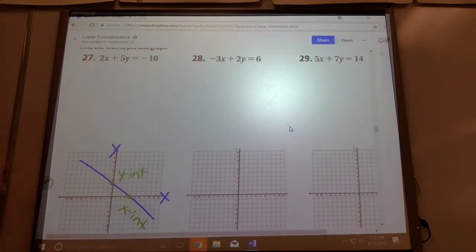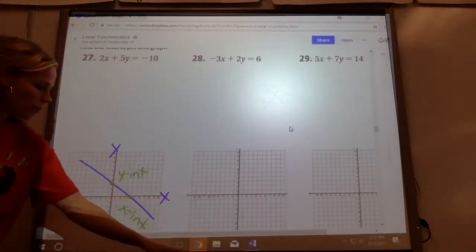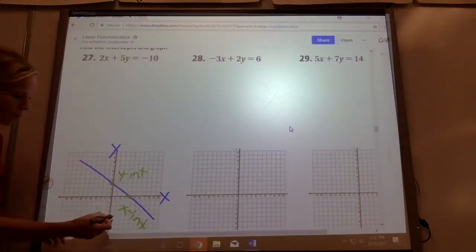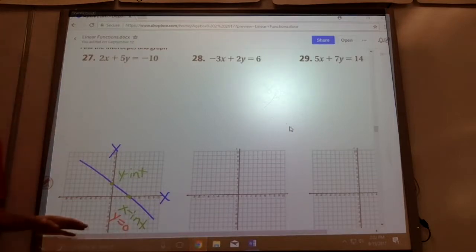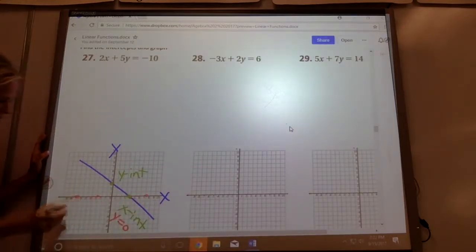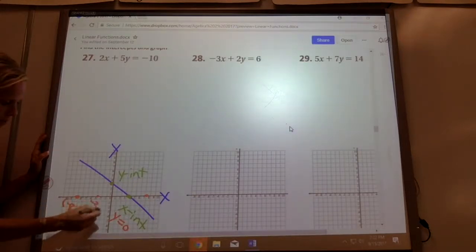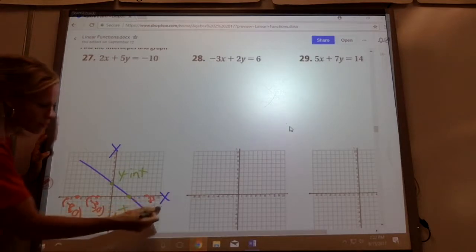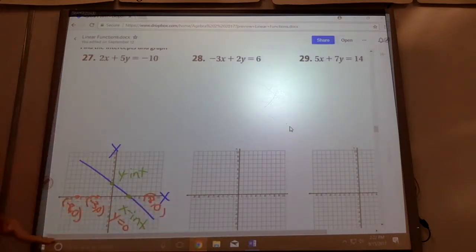So the important part to know, like definition, would be the x-intercept, y is 0. Because no matter where I have a point on the x-axis, y will always be 0, no matter what, negative 3, 0, right? This would be 8, 0. Y is always 0. That's the key information you need to know.